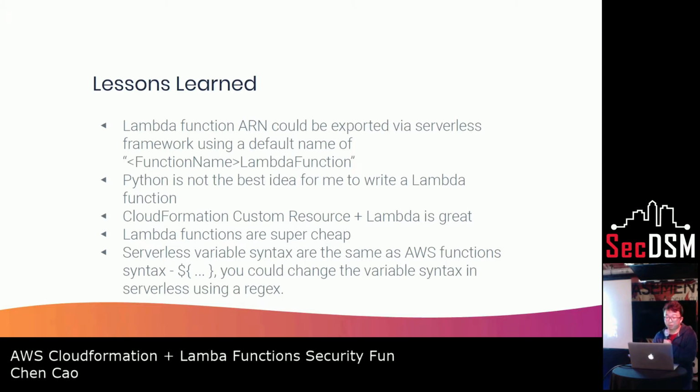And Python probably is not the best idea for me to write a Lambda function, so I did meet a lot of unexpected issues. A good example is that I was using a library called requests, and it makes the API call to the third-party API.